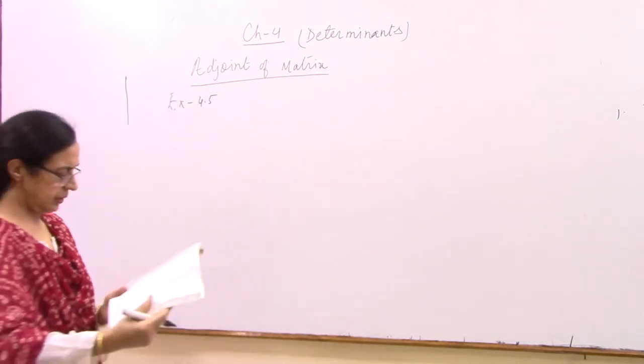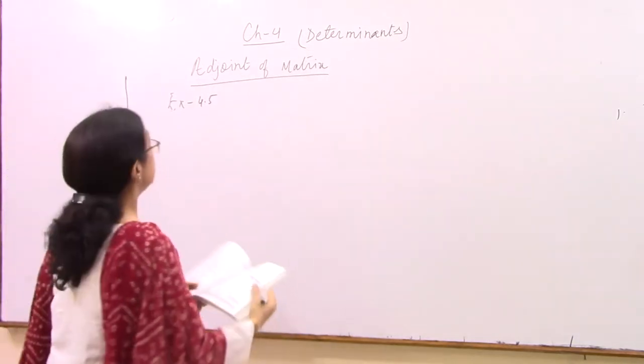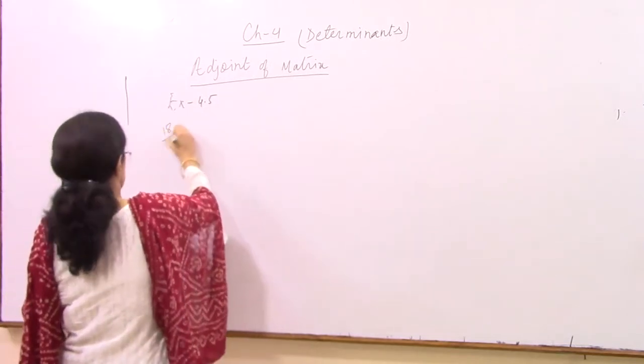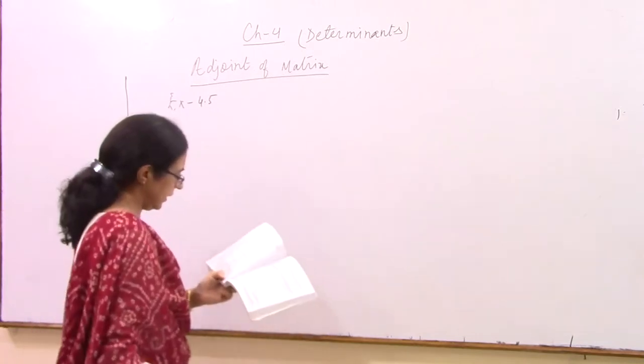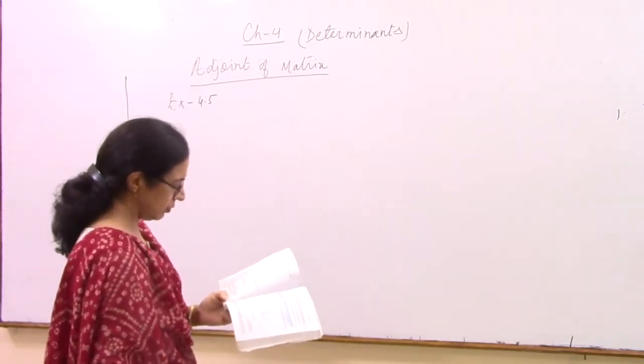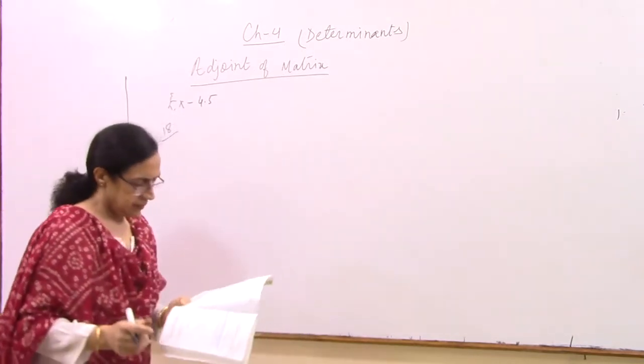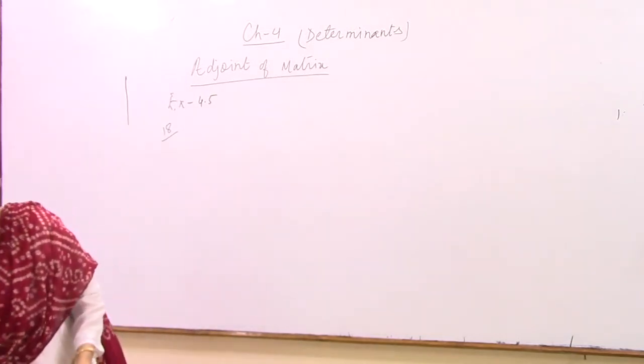Now question number 18. It is given that A is an invertible matrix of order 2, then determinant of A inverse is equal to.